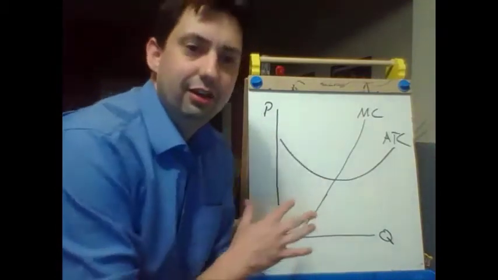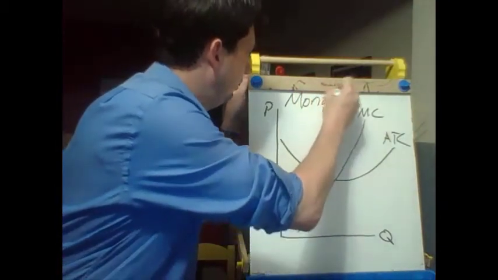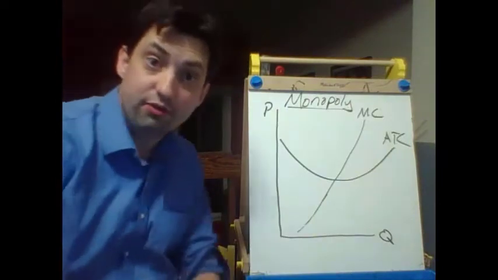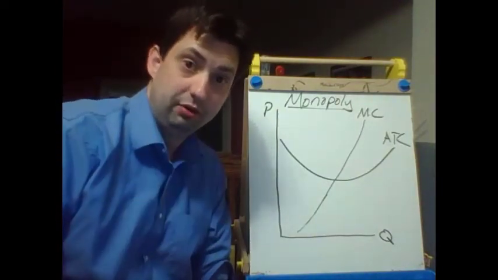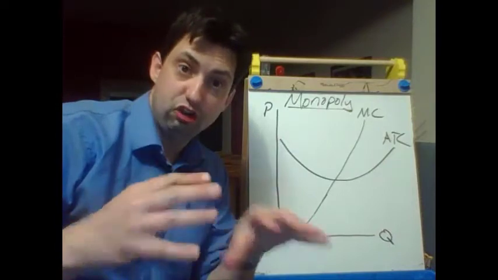What makes the monopoly different from the perfect competition firm is the demand curve. Recall that in perfect competition, no firm can adjust the price.